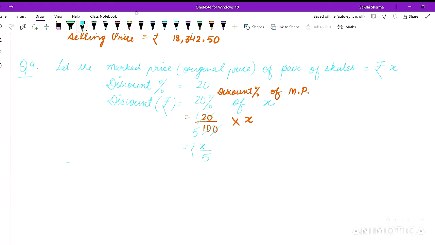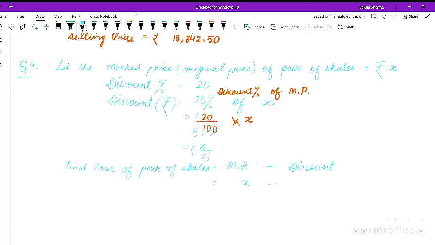Now, in order to find out the final price, I will be subtracting the discount from the original price. So whatever was the marked price, I'm going to reduce it by subtracting the discount.